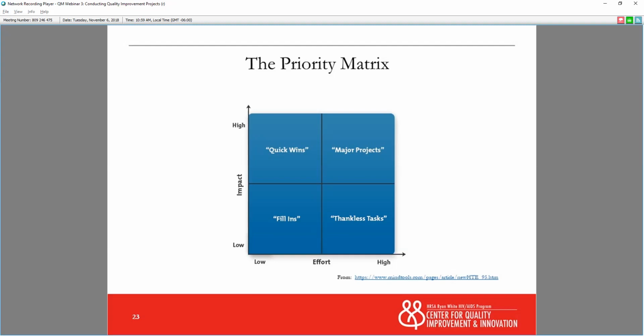If anybody wants to take a guess at this, you can type it in the chat room. But where do you think those 32 folks would lie in this priority matrix? If I wanted to make them a target with whatever improvement project I want to do, would it be a quick win? Would it have a high impact with a low effort? Would it be a high effort but a high impact?